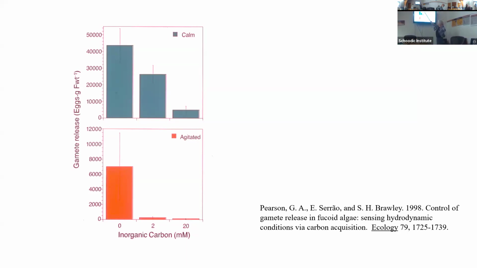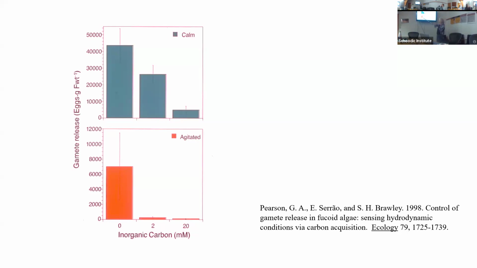So in the calm condition, this 2 millimolar bicarbonate that we added to the seawater simulates the natural condition. And so at the end of the period of time when you knew that it was being potentiated by the light, you turn the lights off and the gametes release. In that same treatment, the agitated receptacles did not release many gametes.